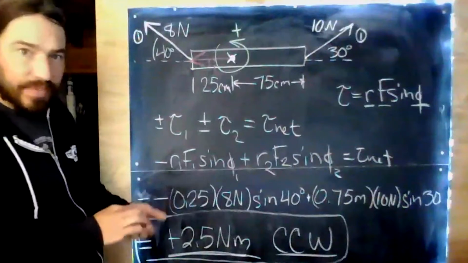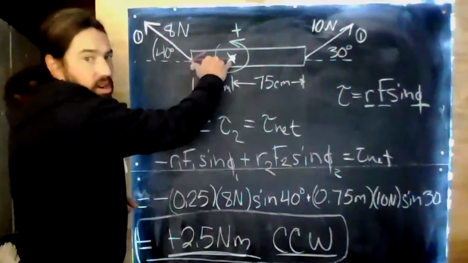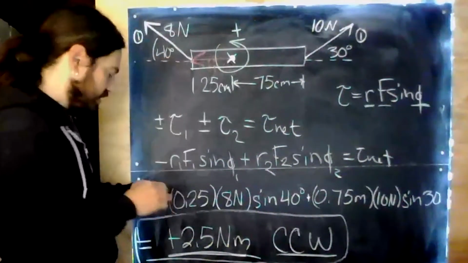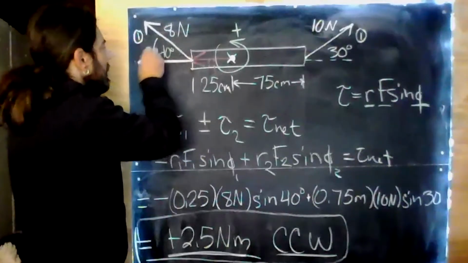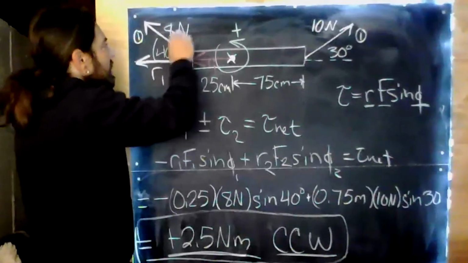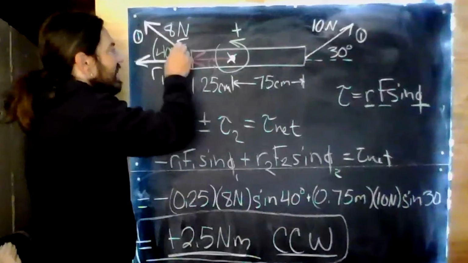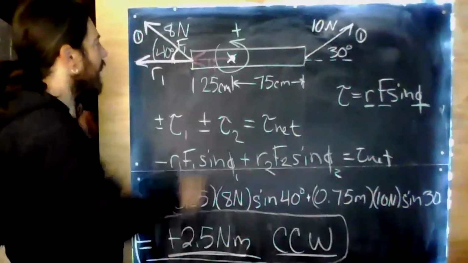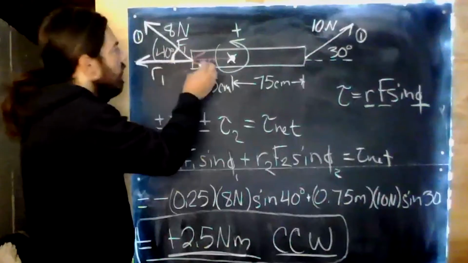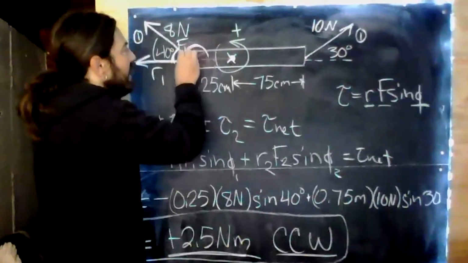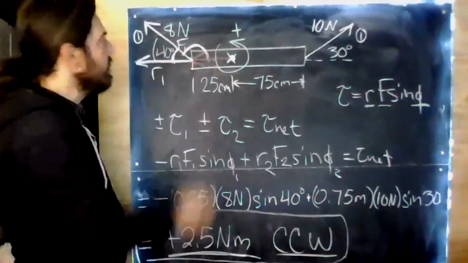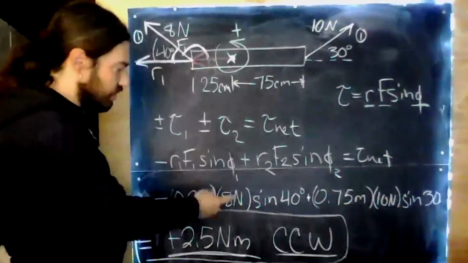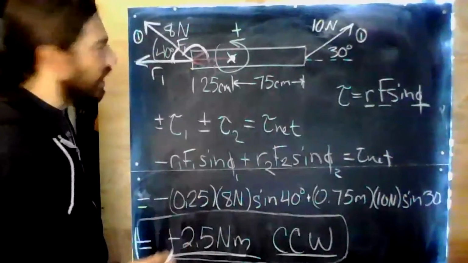Now, technically, we would want to take R1 here and move it to here so that they were tip to tip. And then there's R1, here's F1, and we can see that theta is clearly the angle in between it. But sometimes students get tripped up. Do we use this angle right here, or do we use this angle? This is 40 degrees, and I just told you we use that, so that works, right?